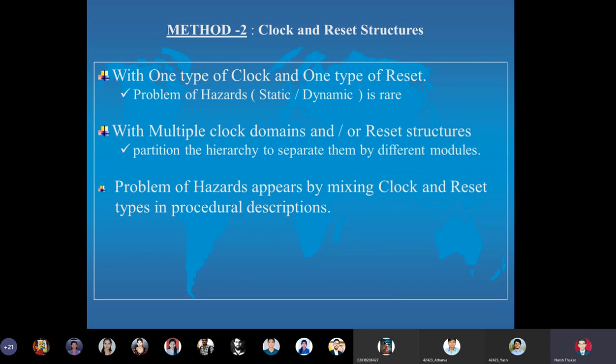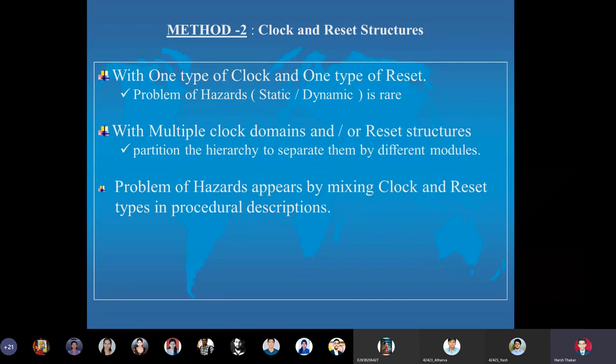So we have H-tree distribution, then we have random structures. All these are different structures which are recommended for distributing the clock in such a way that hazards and skews are not made zero, but they are actually minimized. That is why I use the words minimizing hazards and minimizing skews.